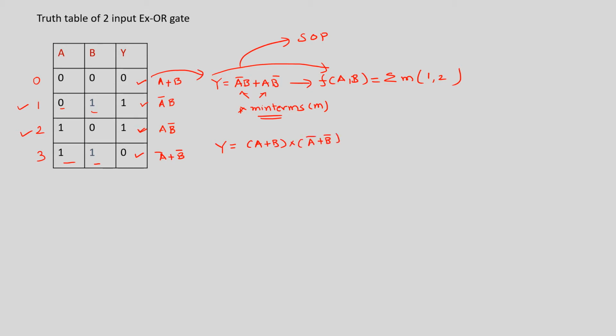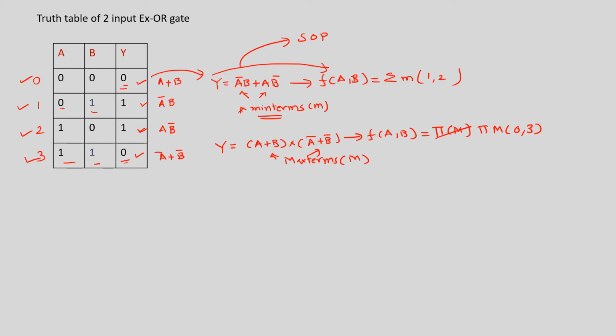The two terms which are there for zeros are known as maxterms. And this equation can be represented in the form of maxterms like this. Here the product symbol is this and the maxterm is represented by capital M. Inside the bracket we have 0, 3 because this 0 is for the decimal 0 and this 0 is for this 3.